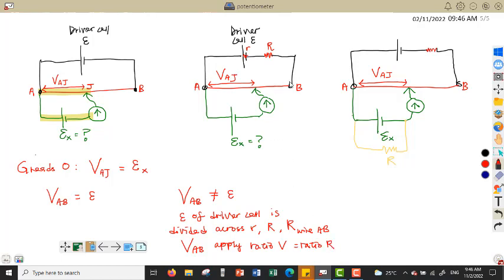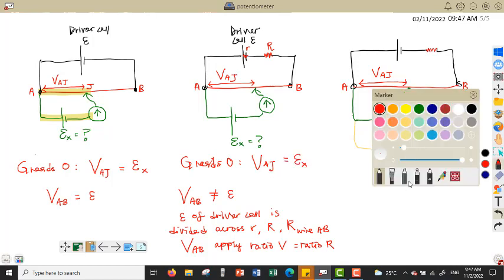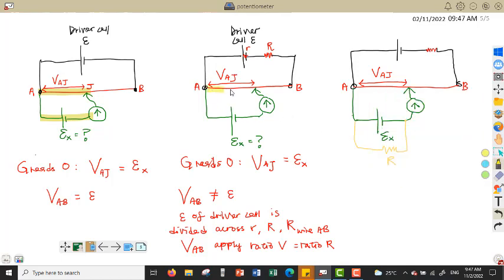It means that the greater resistance will get the greater voltage across the component. Anyhow, as G reaches 0, the voltage AJ is still equal to the EMF of the battery below.